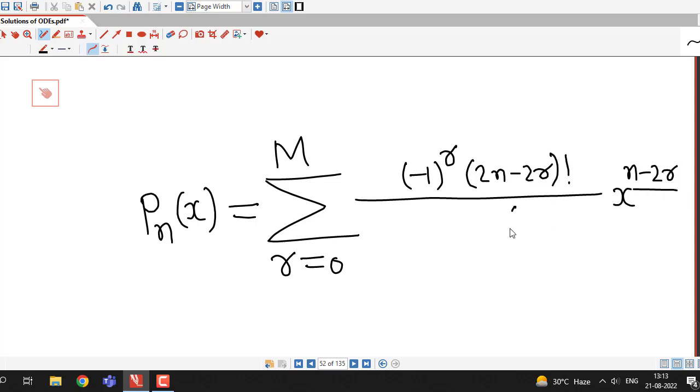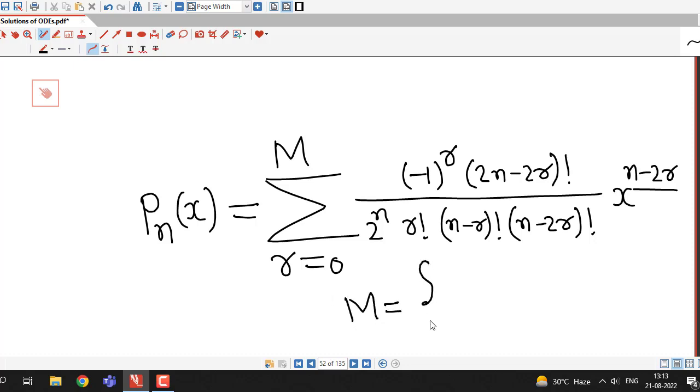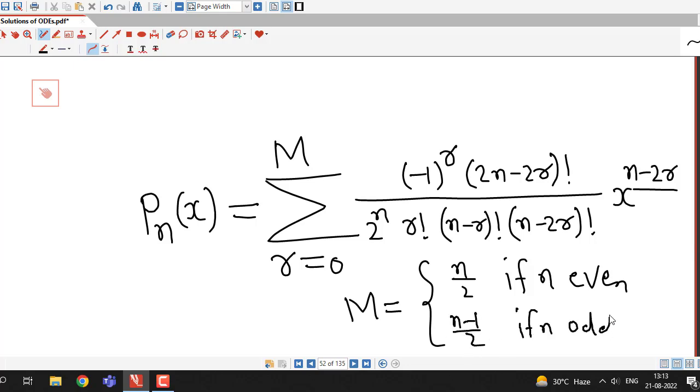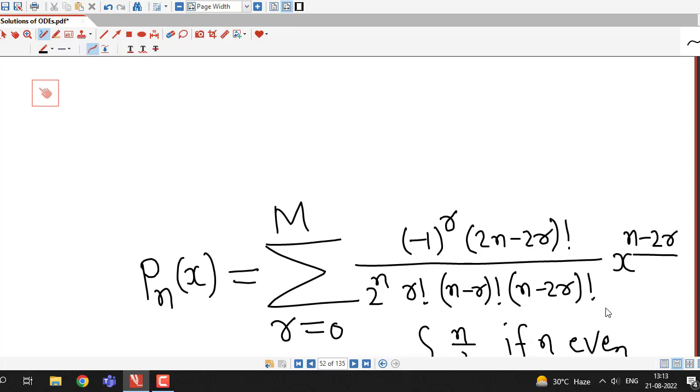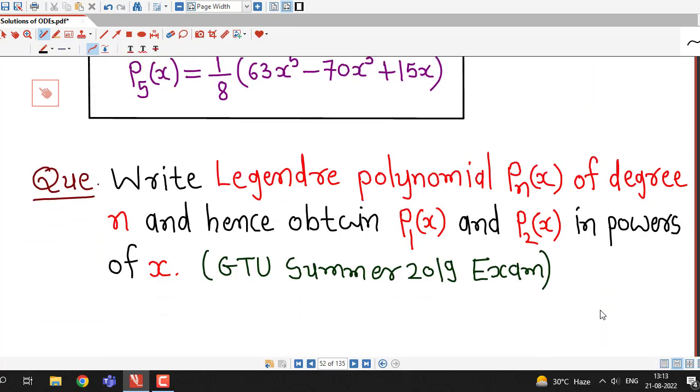Here I have n minus 2r, so here I can write n minus 2r factorial. Here I write n minus r factorial. Here I write r factorial into 2 raised to n. And capital M is n by 2 if n is even integer or 0, and M equal to n minus 1 by 2 if n is odd positive integer. So remember this Legendre polynomial formula.